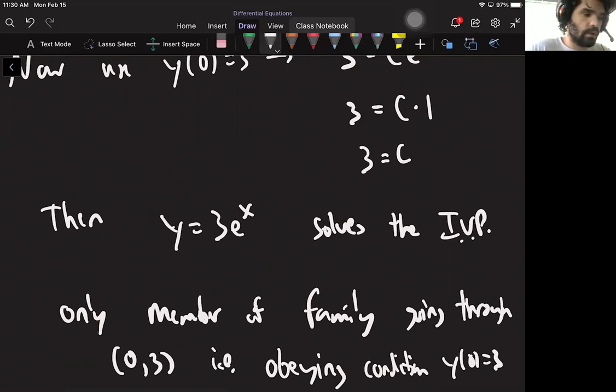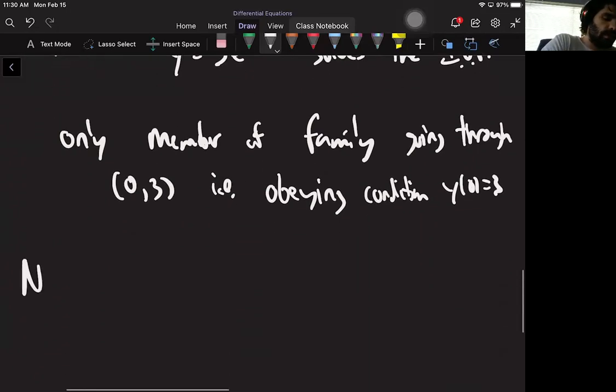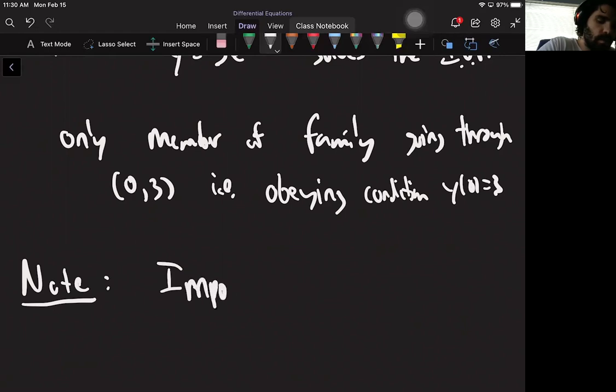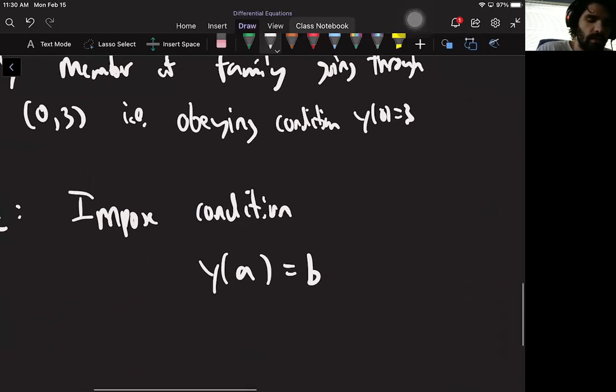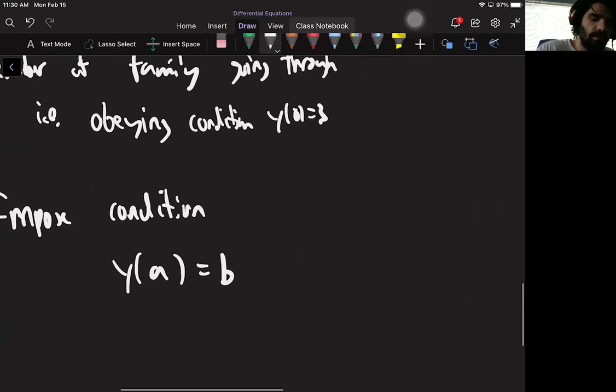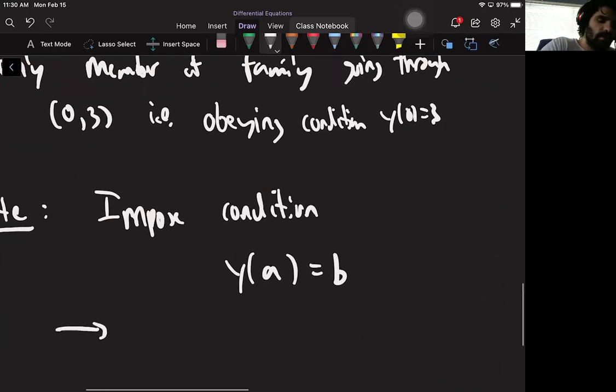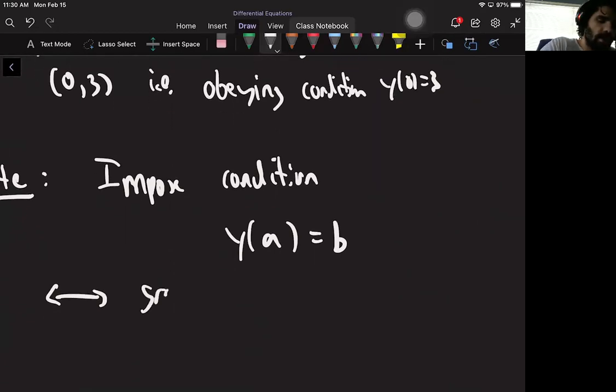One thing to notice, this pattern will keep happening, so it's good to point it out now. If I impose a condition like this, y of a number gives another number, so x equals a, y equals b. That's the same as saying that the graph goes through that point.